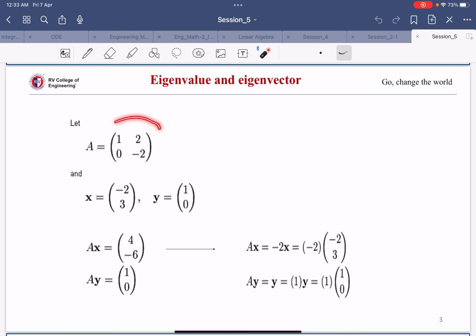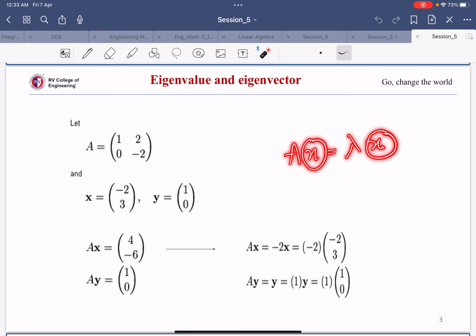When the matrix A is operated on x, the resultant matrix, whatever we have got, is some constant times the matrix x. In other words, Ax has given us some constant lambda times x itself.